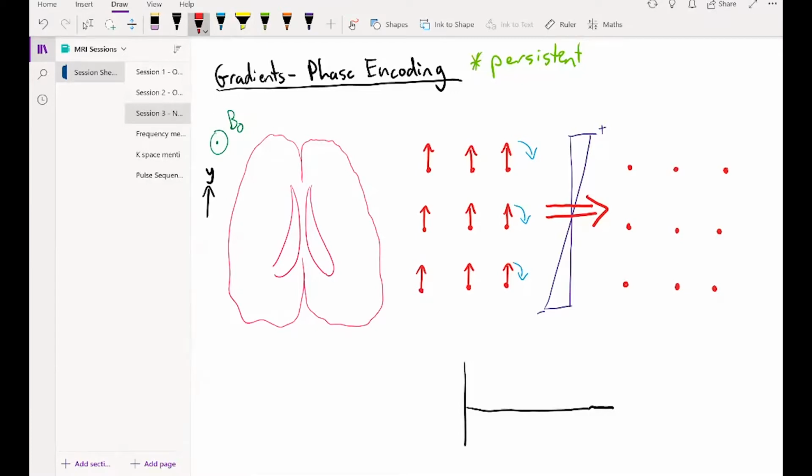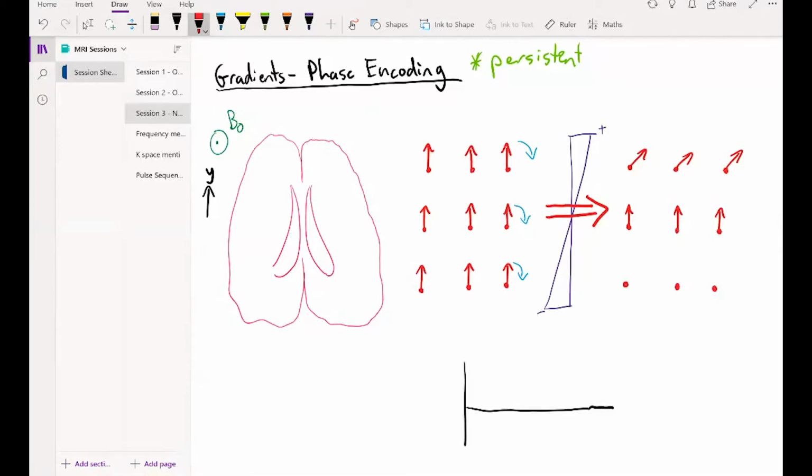These ones will actually be ahead in their precessional phase. They'll have spun farther than the middle row if I'm using them as a reference and say, okay, we've waited an amount of time where the middle row has been unaffected and it's precessed such that it's back at its original position. When the middle row is at that original position, the spins above it are going to be ahead in phase. So they've actually precessed farther than the ones in the middle.